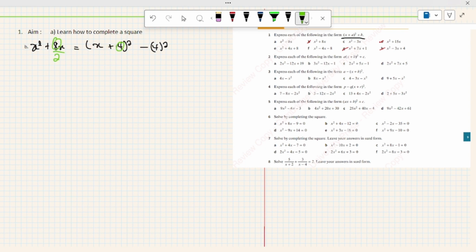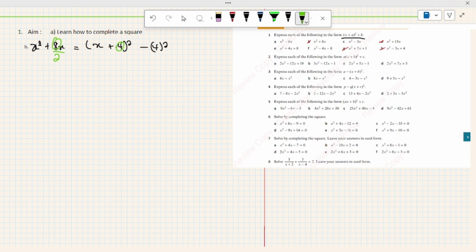After you get the value of a, which is 4, what you do is subtract from the whole bracket the squared value of a, which means this 4 squared. Okay, let's go over again. Let me see if I'm making much sense.